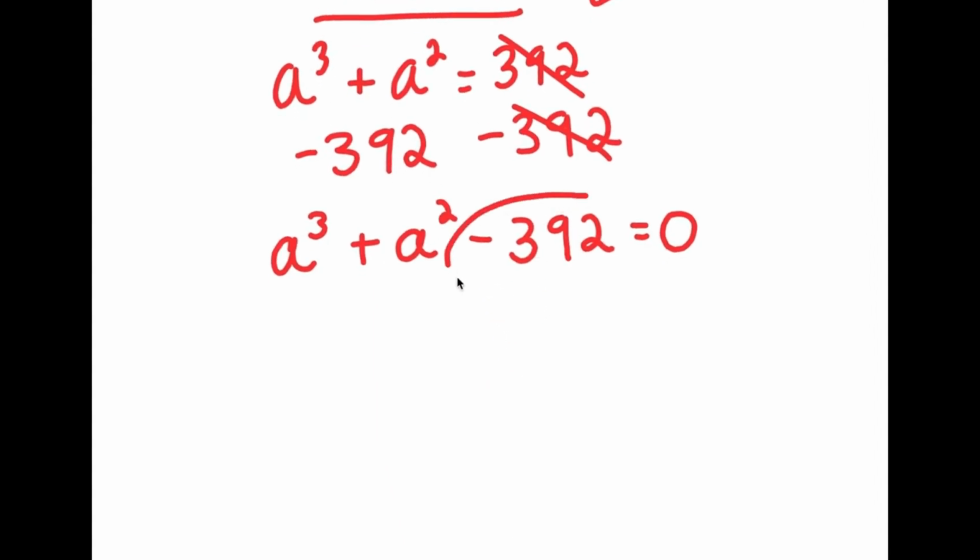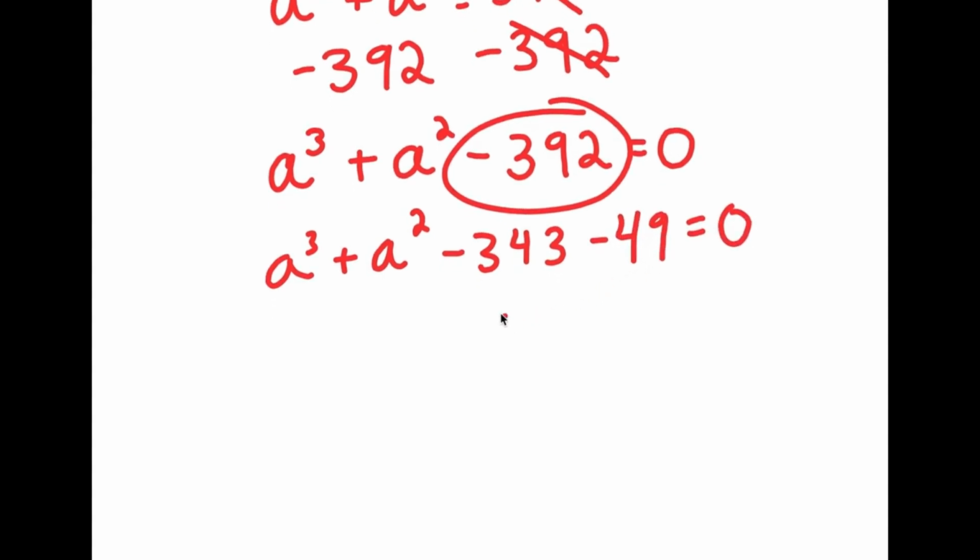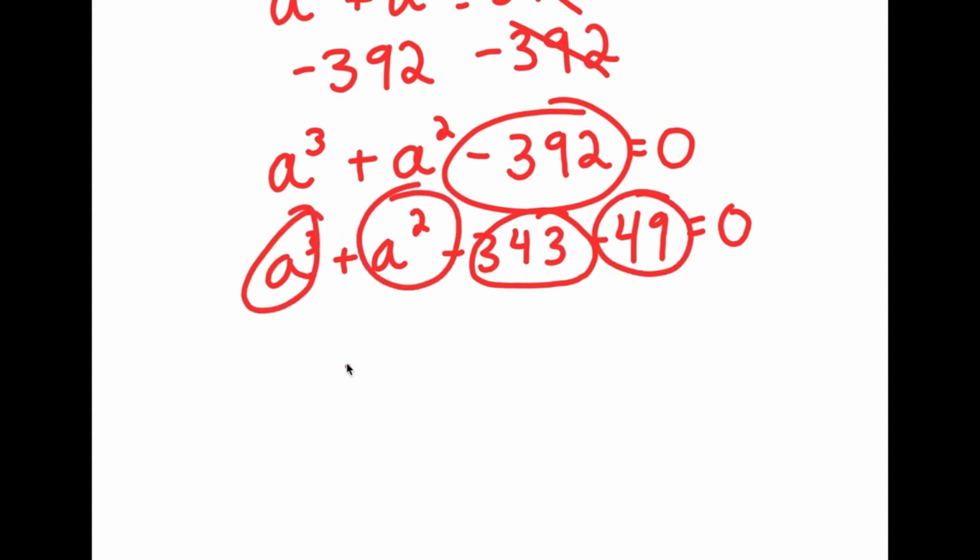Now from here, I can rewrite negative 392 as negative 343 minus 49. And the reason I did this was because 343 is something cubed, and 49 is something squared. And notice how we have something cubed, something squared.